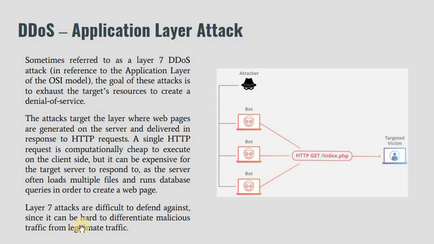Layer 7 attacks are difficult to defend against, since it can be hard to differentiate malicious traffic from legitimate traffic. At the server end, what the server sees is a simple request, and most of the time it is assumed that the request is from a genuine user who wants to access the particular site. So even if an attack takes place, it seems to be a very normal request to the server end, isn't it?